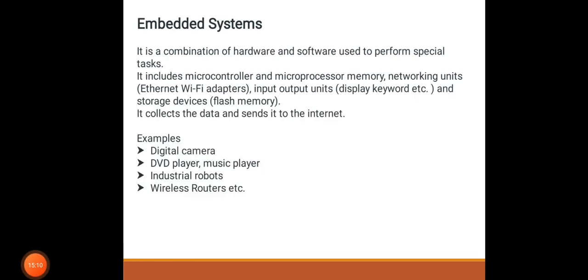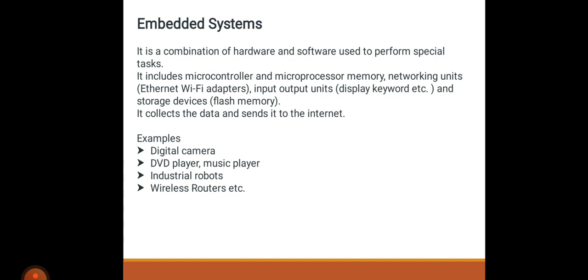So the next and last one is embedded systems. It is the combination of hardware and software used to perform special tasks. It includes microcontroller and microprocessor, memory, networking units, Ethernet or Wi-Fi adapters, then input-output units, display and keyboard, etc., and storage devices, that means flash memory.